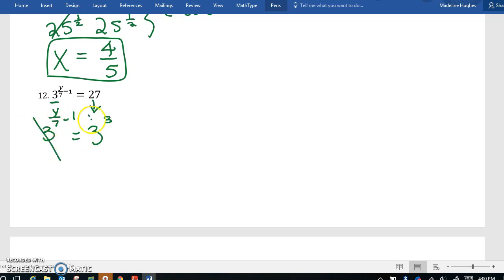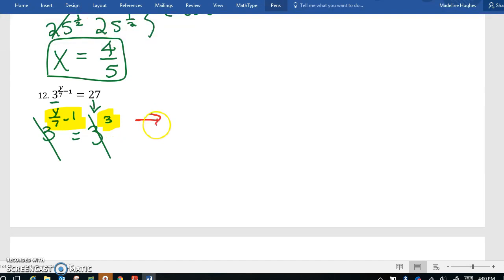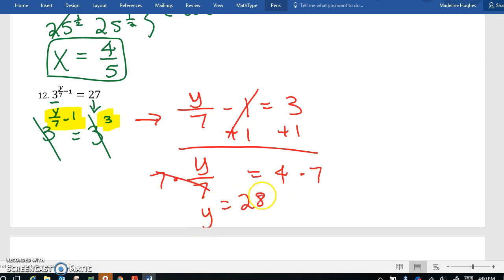Our bases are the same, so we can just worry about the exponents. So y divided by 7 minus 1 equals 3. Add 1 to both sides. y divided by 7 equals 4. The last step, multiply by 7. So y is equal to 28.